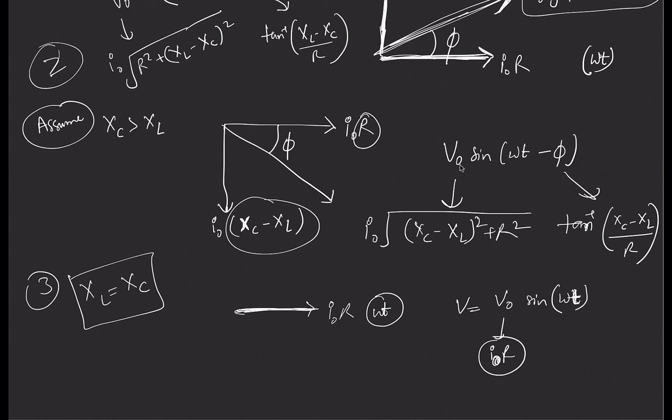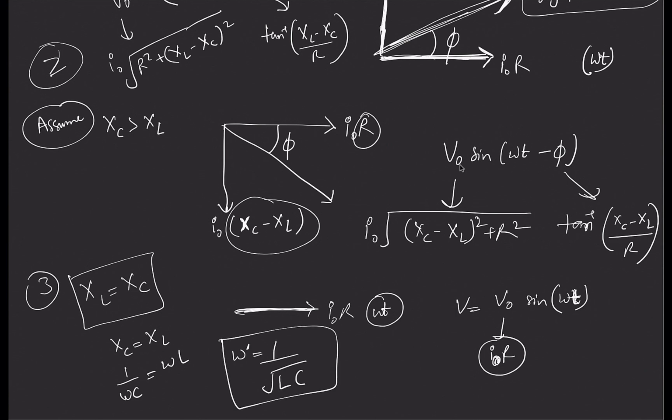So the frequency at which XC is equal to XL, we can calculate by using the values of XC and XL. So omega comes to be 1 upon root LC. This is the frequency at which the circuit is in resonance. When XL is equal to XC, we call this the resonance condition, because in this case our V naught would be minimum and I naught would be maximum.